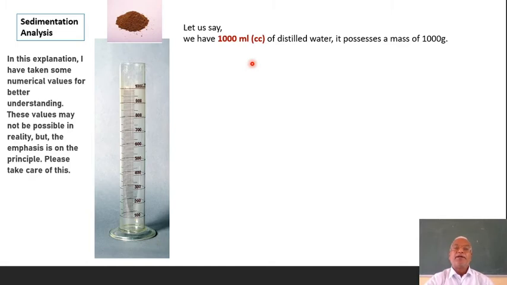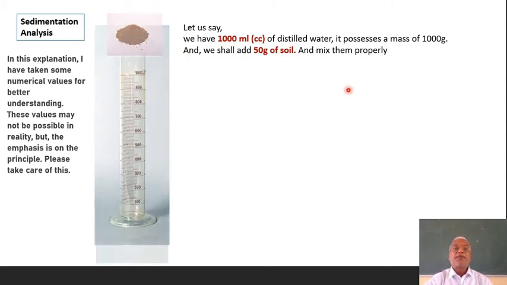Or you remember that the density of water can be told as 1000 kg per meter cube or 1 gram per cc. Then let us say we add 50 grams of soil to this, right? This 50 grams of soil is taken such that it passes through 75 microns.